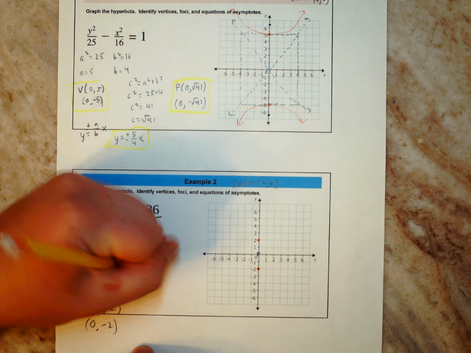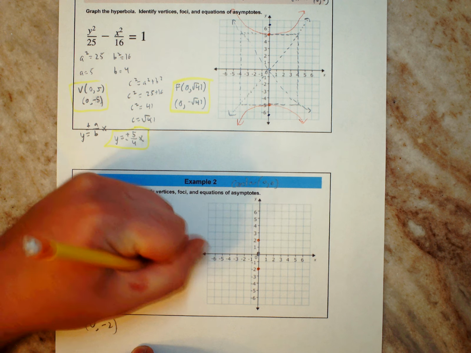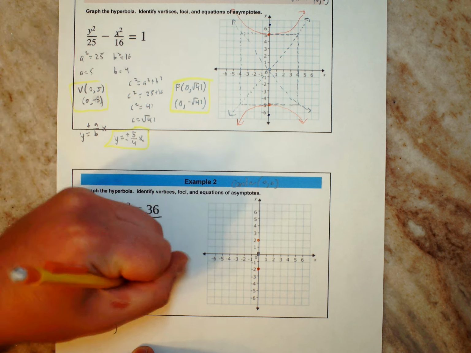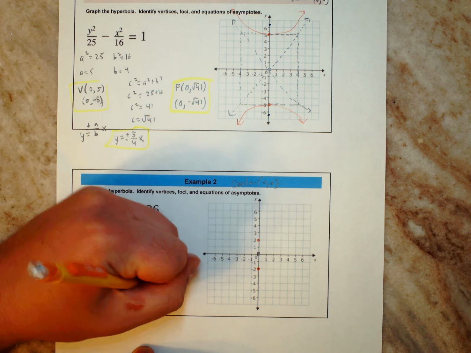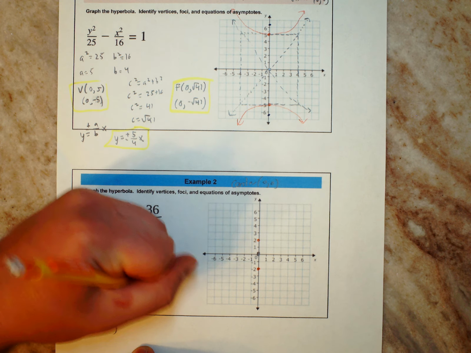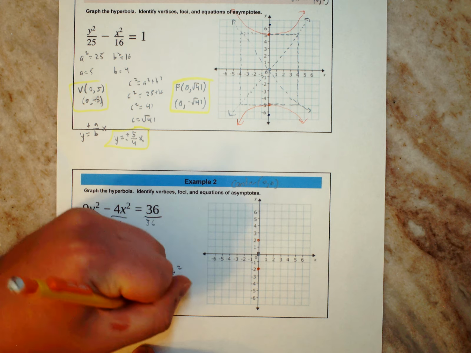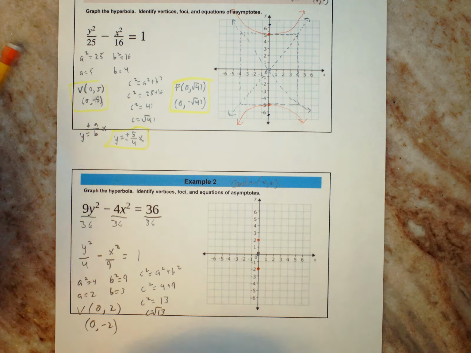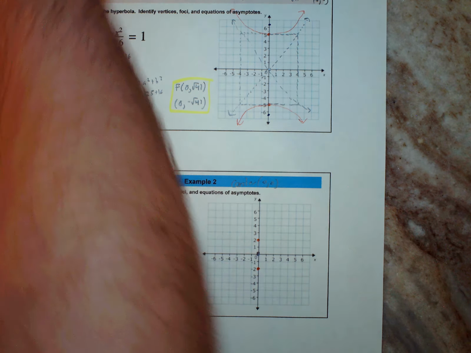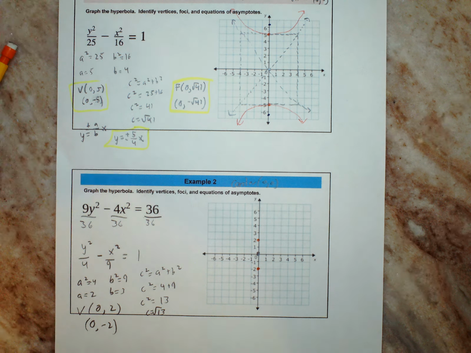Now for your foci, we're going to do c squared equals a squared plus b squared. C squared equals, what do we got? 4 plus 9, so c squared equals 13. C equals root 13. So again, if you don't know what square root of 13 is, just type it in your calculator. Square root of 13 is 3.6, so I'll do that in blue.